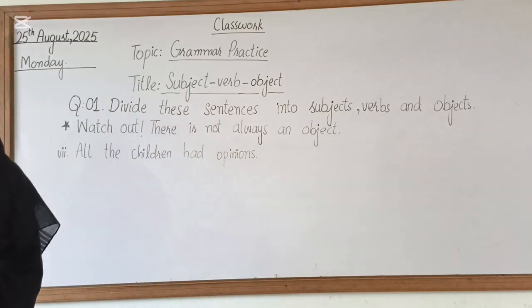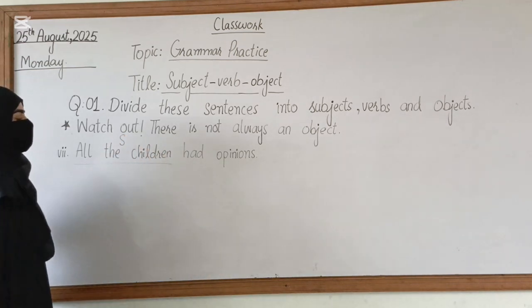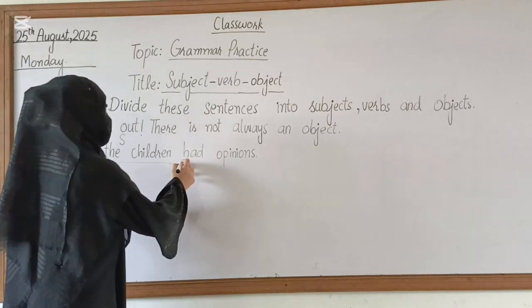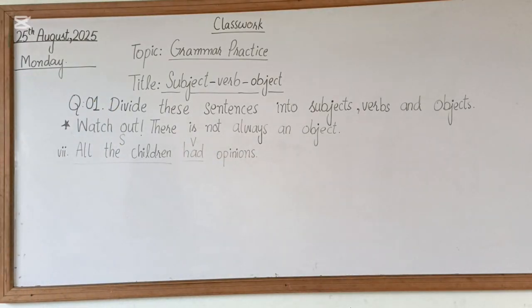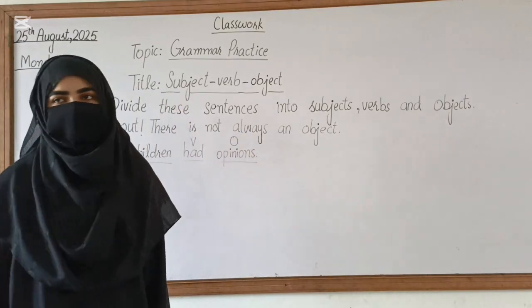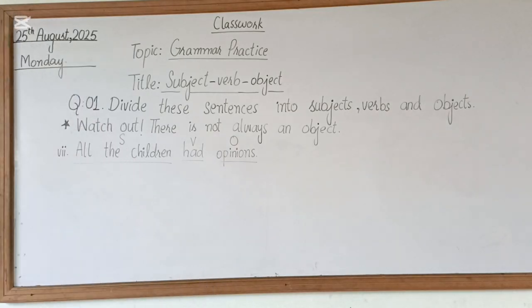So who had opinions? Who is working? All the children. So this is the subject, and what they have. Had is the second or third form of the word has. So it is a past form. It is a verb. And what the children had is opinions. They are working over the opinions. That's why the opinion is an object. It's not a particular task being done upon, it's a task of thinking. They all had opinions, but it's still an action being done. That's why we consider opinion as an object, the children the subject, and had as the verb.